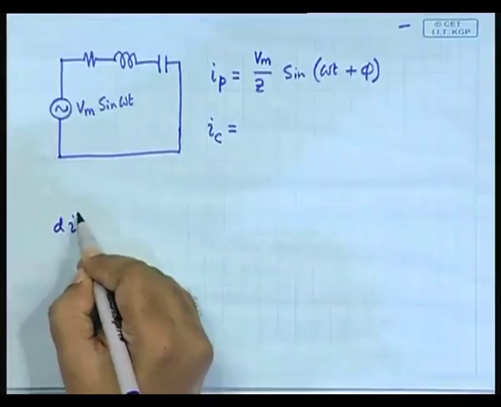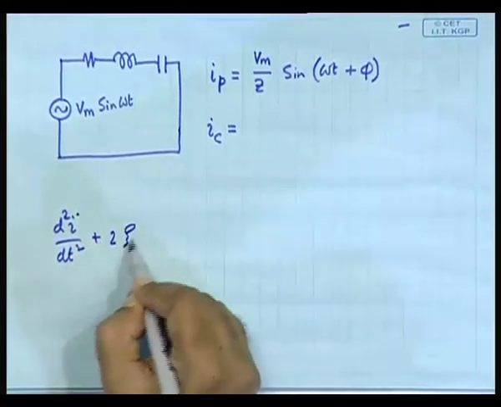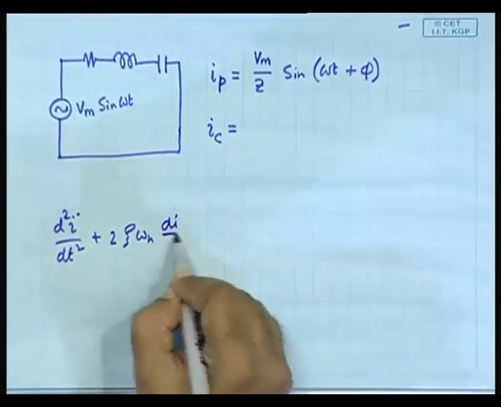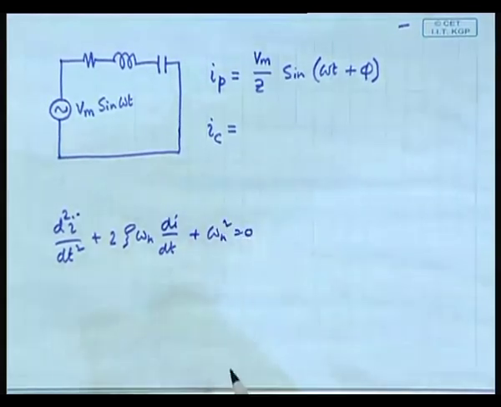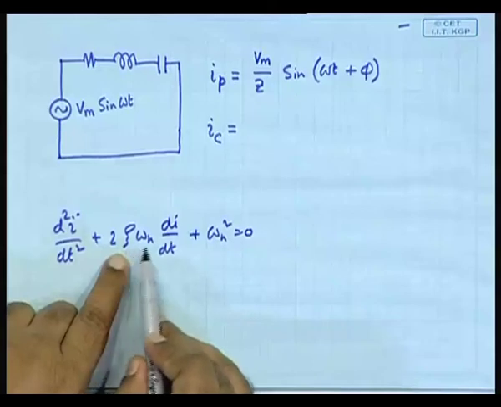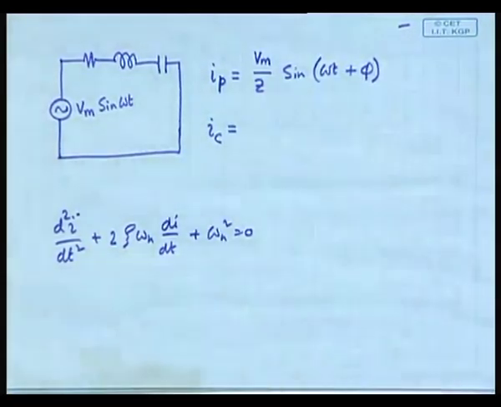to express it in the form of the, say, I with twice zeta omega n, in this form. Depending on these magnitudes you will have either an oscillatory solution or a non-oscillatory solution.